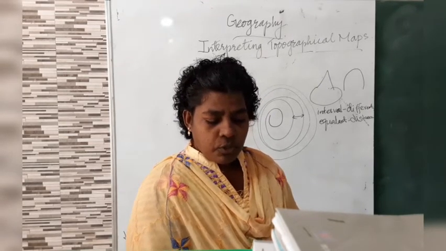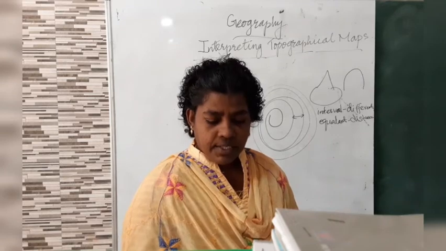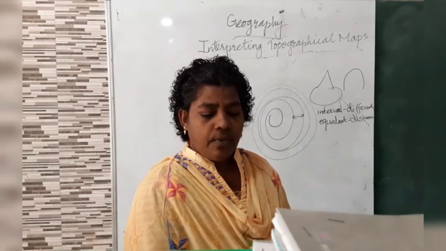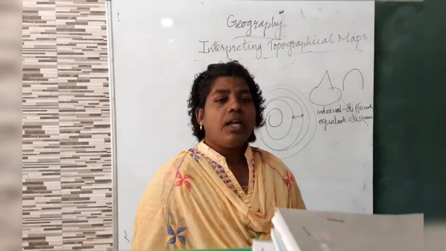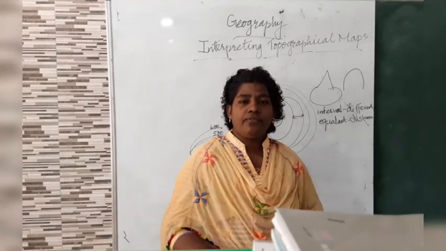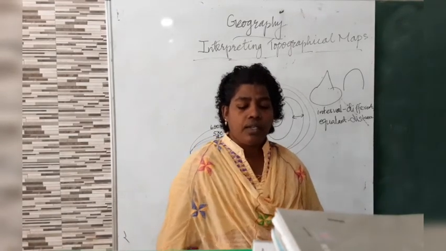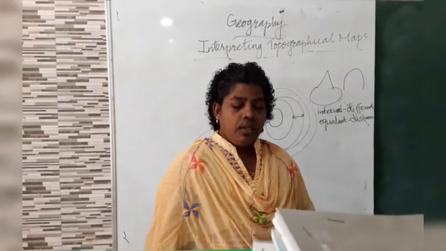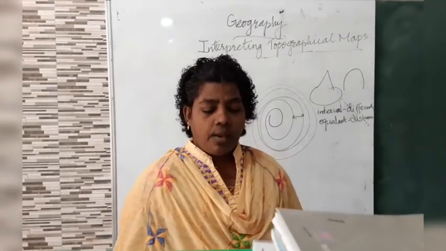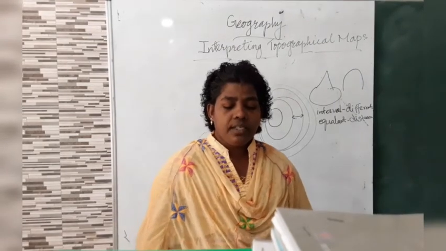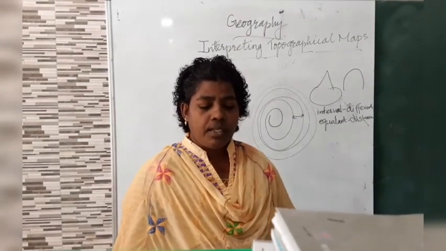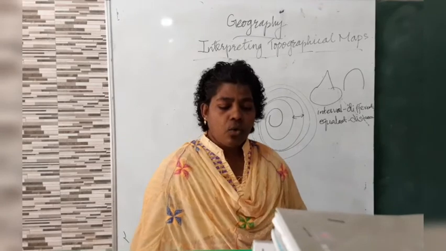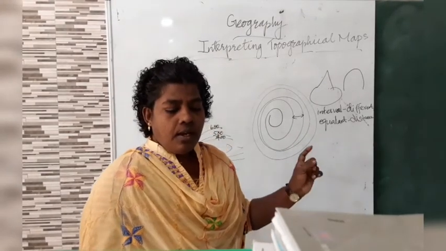Then you come to page number 17 under the subheading of linear settlement. Under the subheading linear settlement, the first paragraph you can mark for the E6 question. What is linear settlement? Linear settlements are those that are found in a line.